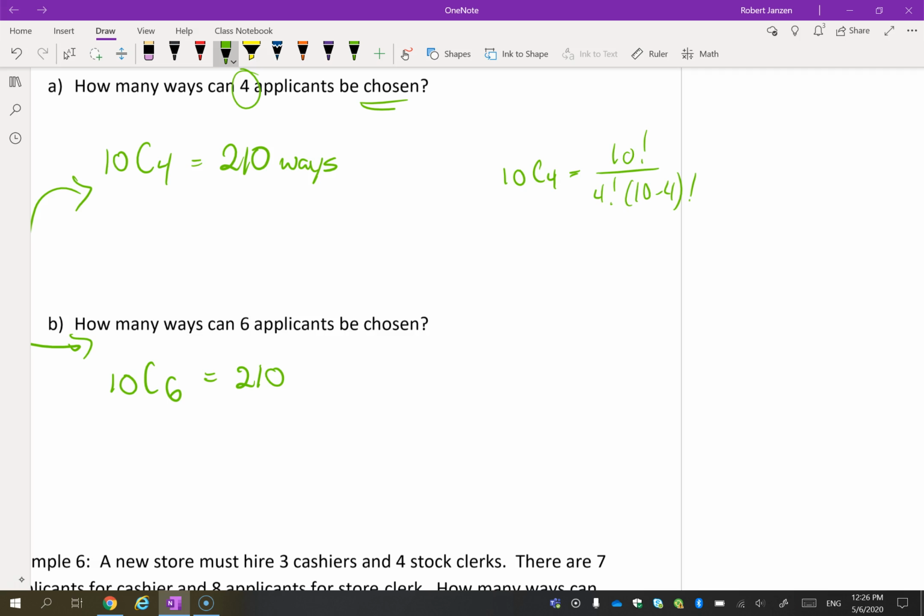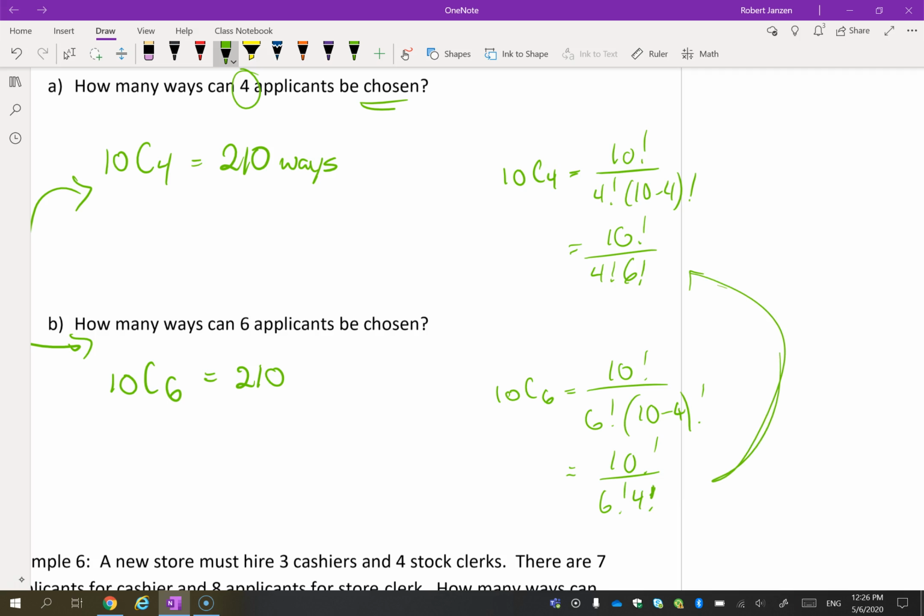If you simplify that, you get 10 factorial over 4 factorial, 6 factorial. If we say, what's 10 choose 6? This is going to be 10 factorial over 6 factorial times 10 minus 6 factorial, which is 10 factorial over 6 factorial, 4 factorial. And this is why they're the same.